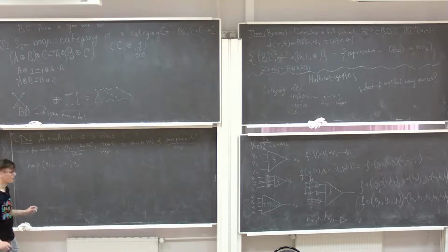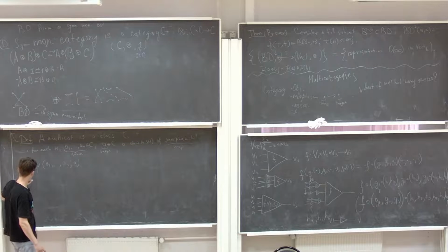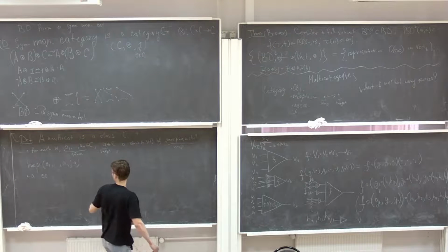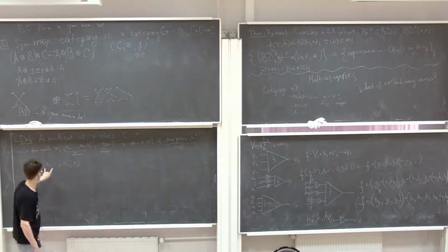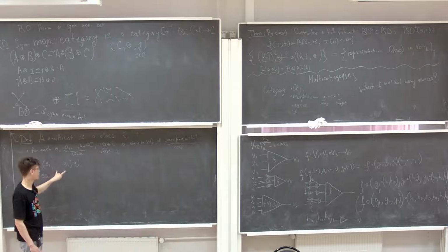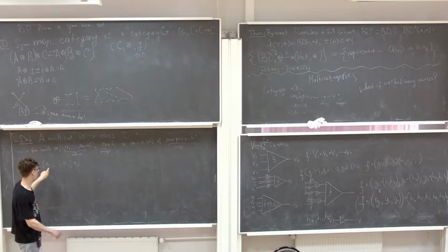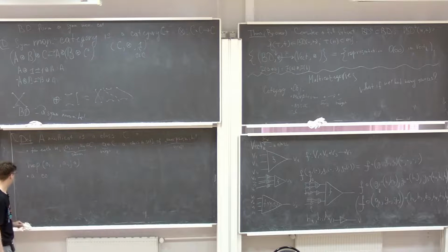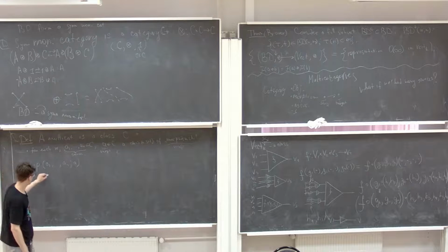A composition law. So this is the set, for vector spaces, of all multilinear maps from these n vector spaces to this one. A composition law.